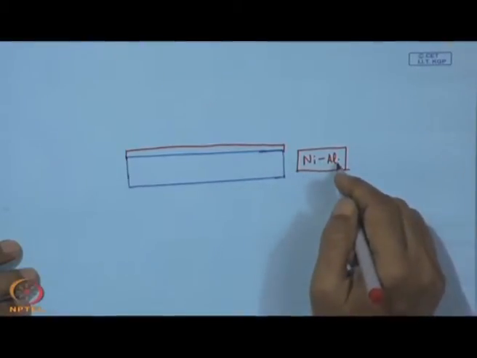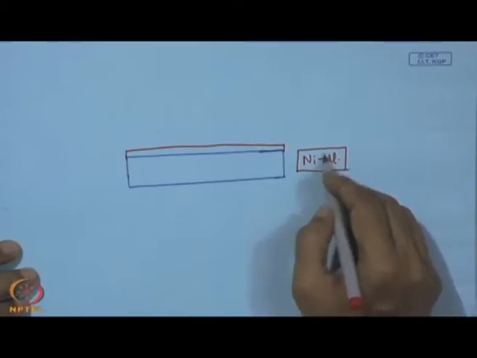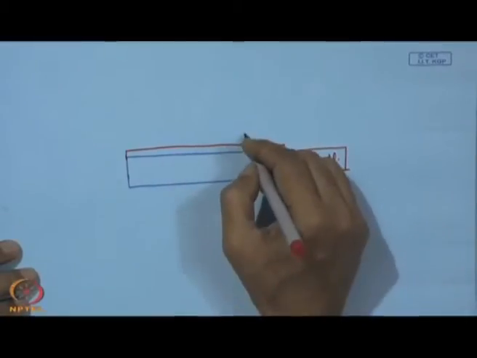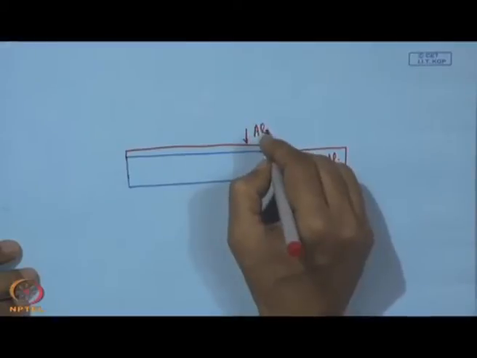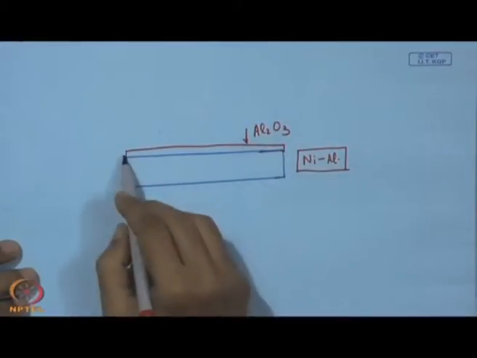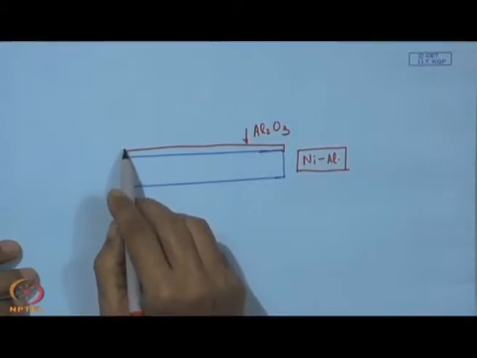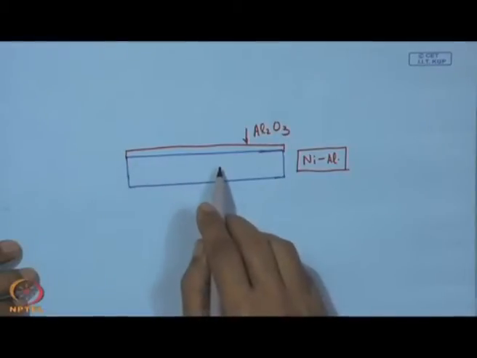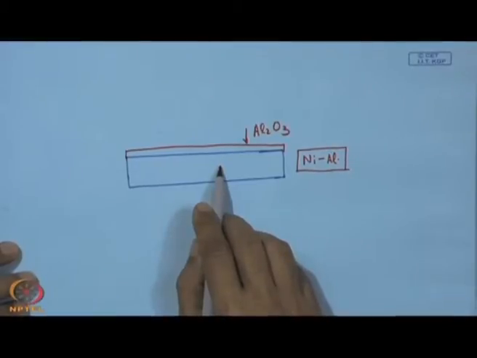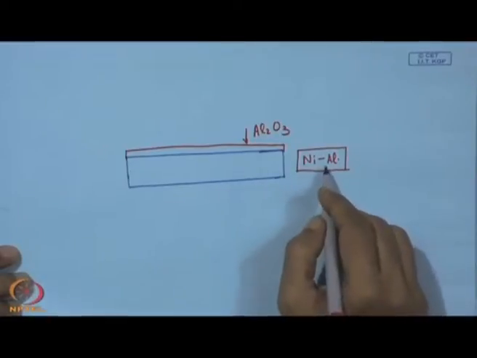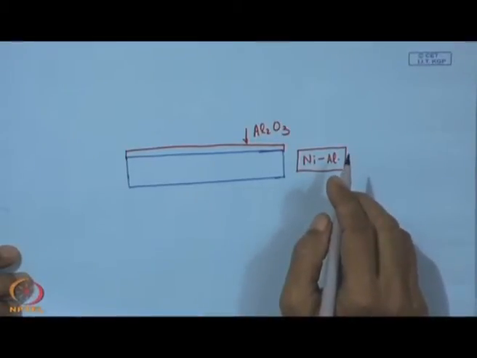So, this aluminum can have some kind of compatibility with this incoming aluminum oxide. So, the choice of bond coat and the thickness of the bond coat are the two very important parameters, how thick this bond coat would be and what would be the composition of this bond coat.